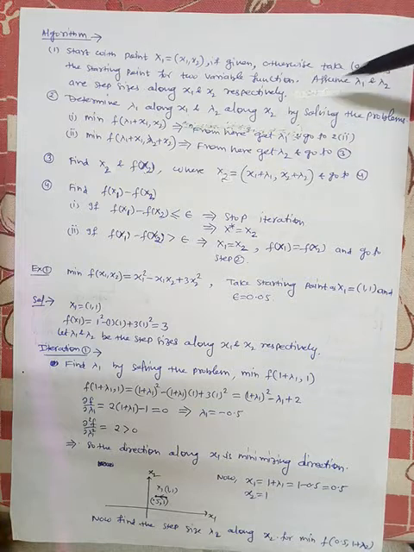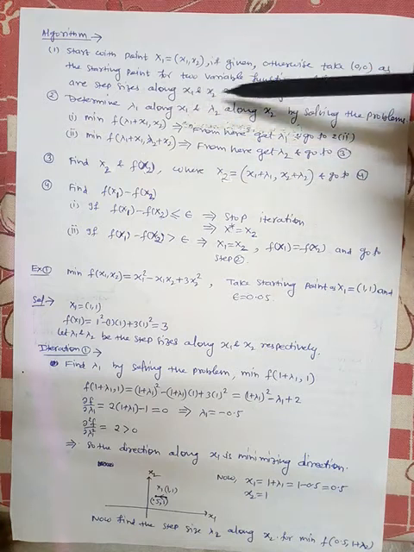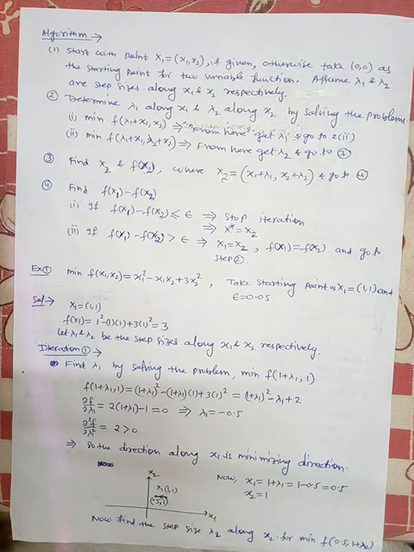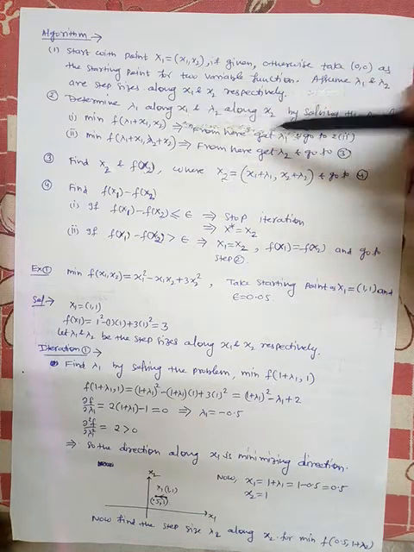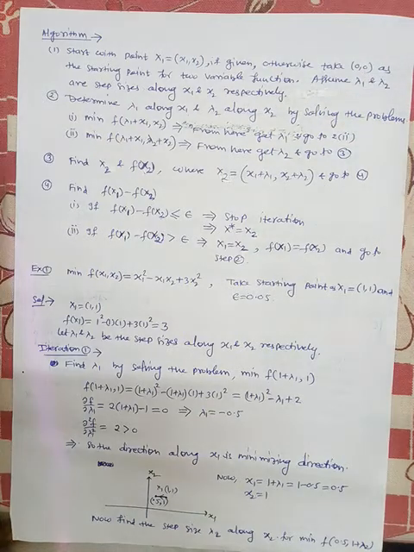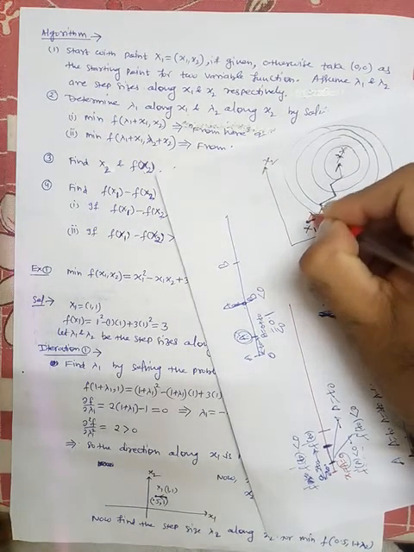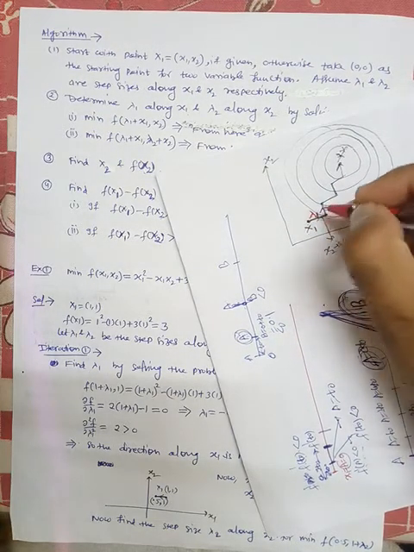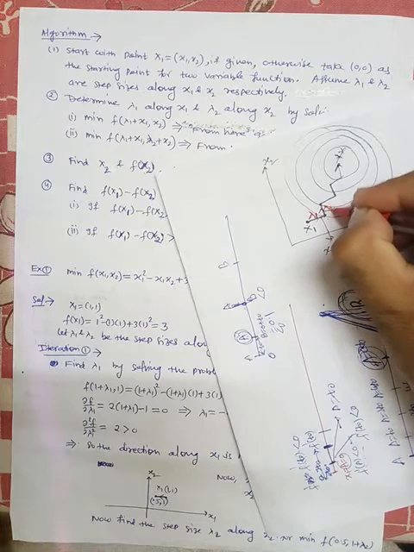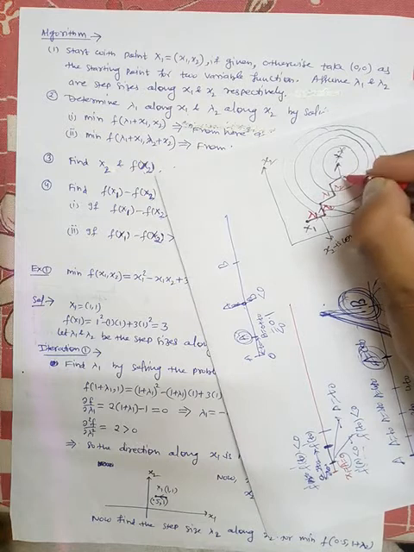Now assume lambda 1 and lambda 2 are the step sizes along x1 and x2 direction respectively. For example, here this is your step size lambda 1 along x direction, this is your lambda 2 along y direction, this is your lambda 1, this is your lambda 2, and so on.